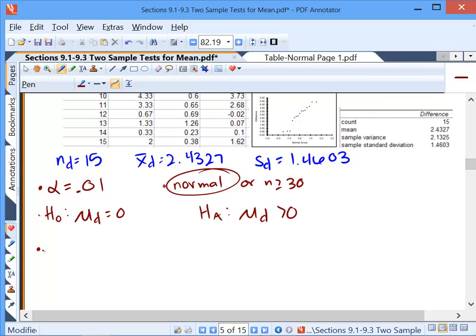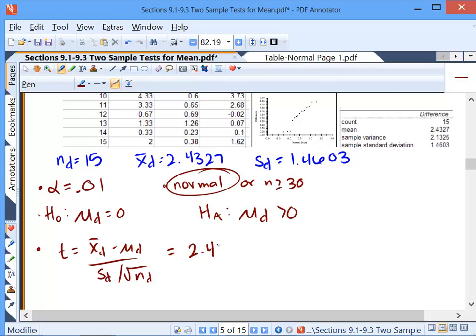Next step, find the test statistic. Which is the same formula, I just put on d's to make it seem fancier.